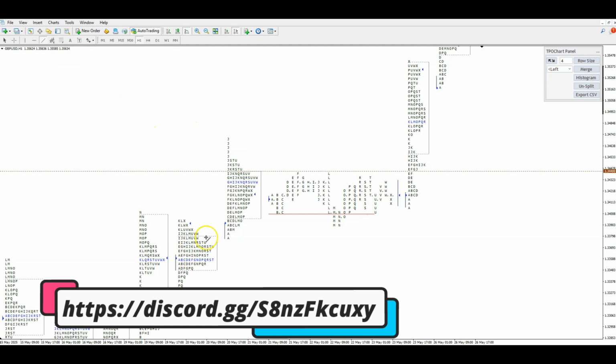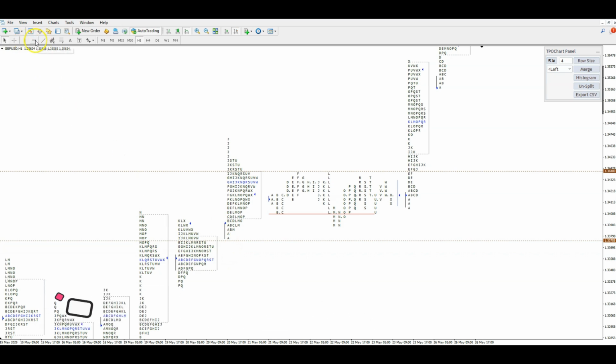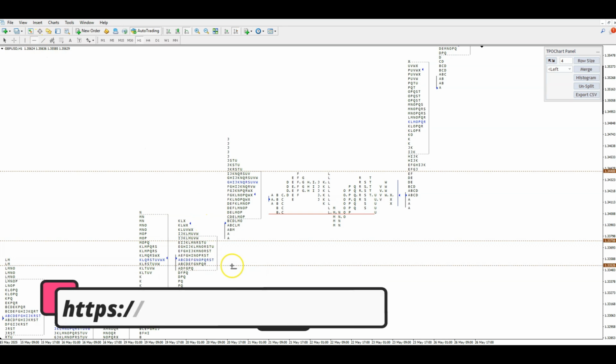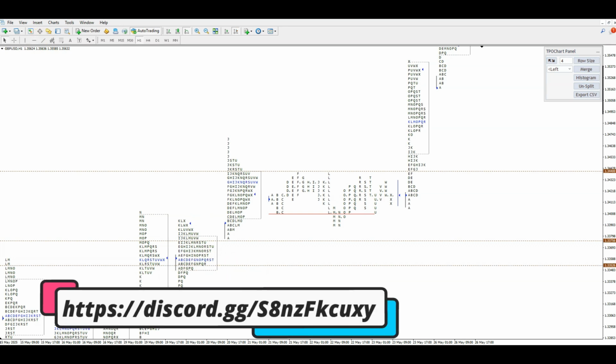there's a good chance, so let's do this again. We got volume down here. I'm going to use the word volume and bid stack and offer stack interchangeably. Right, so we got volume down here.